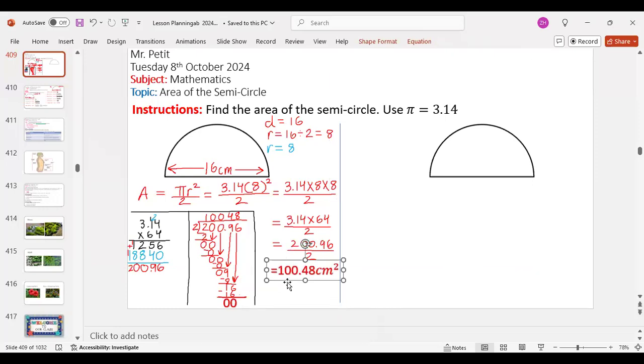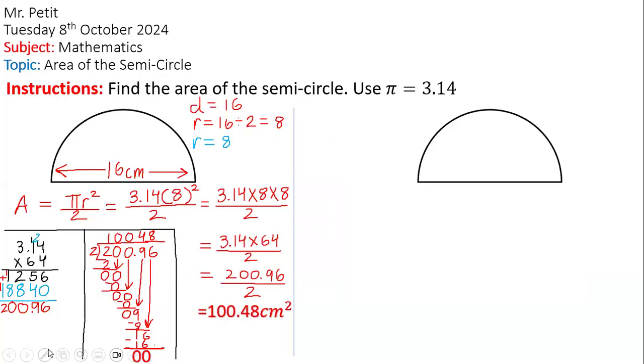Now, in our actual division, we cannot forget to put the point right here. So that's going to be 100.48 centimeters squared.